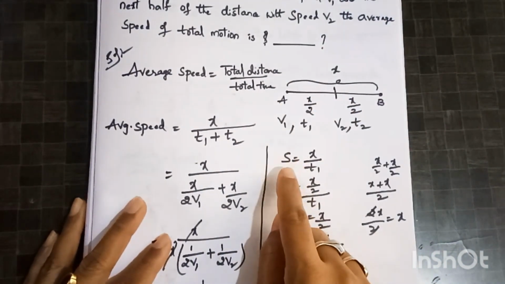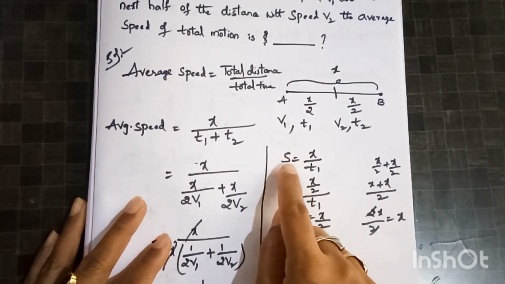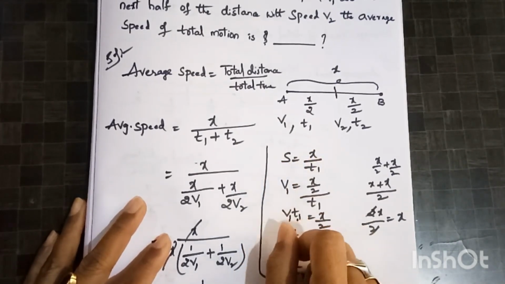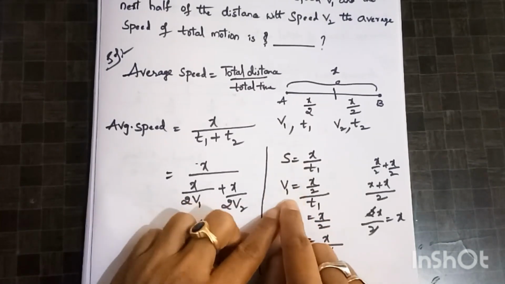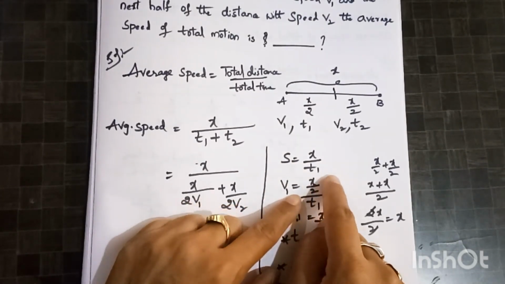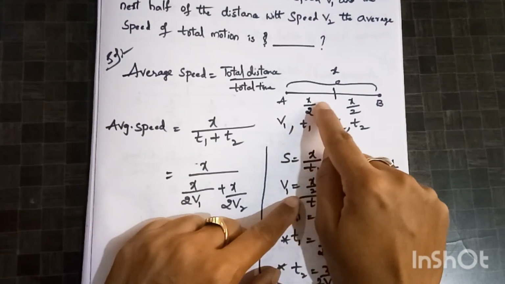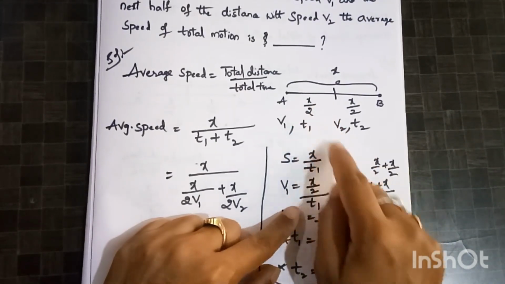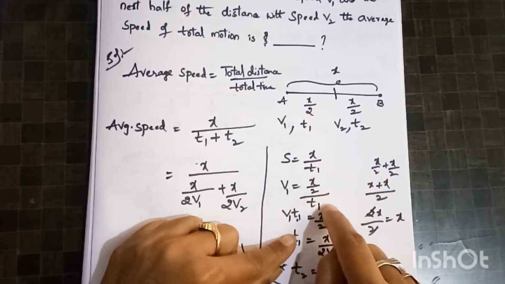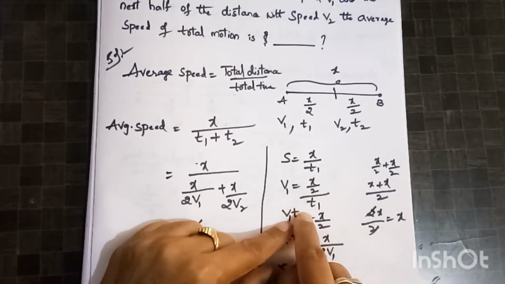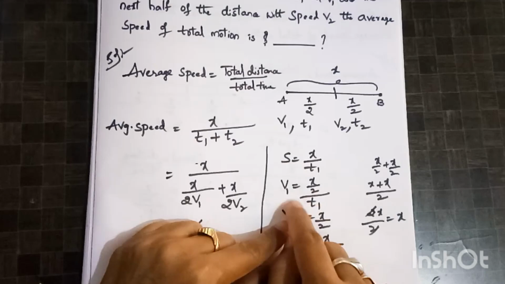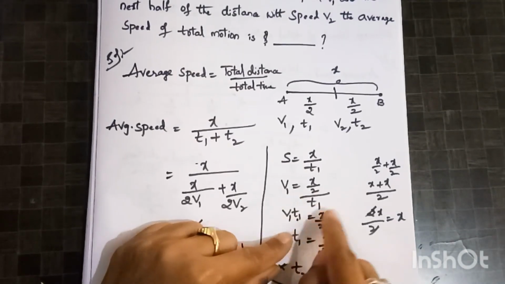Speed means distance by time. For speed v1, the distance will be x by 2 and the time will be t1, so v1 equals x by 2 by t1. I want t1, so I am sending it to the left hand side. v1 t1 equals x by 2.